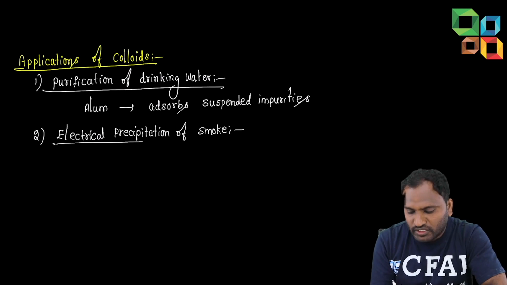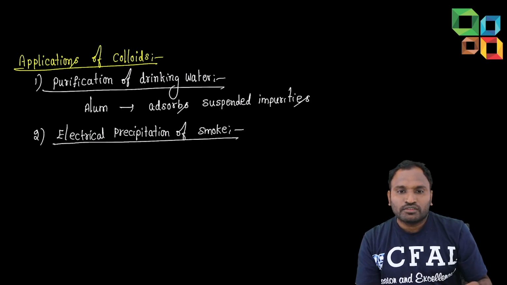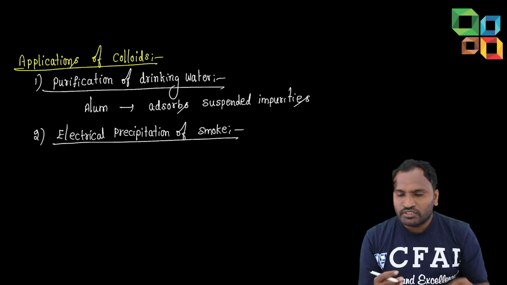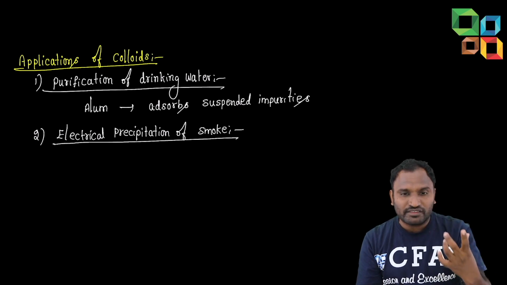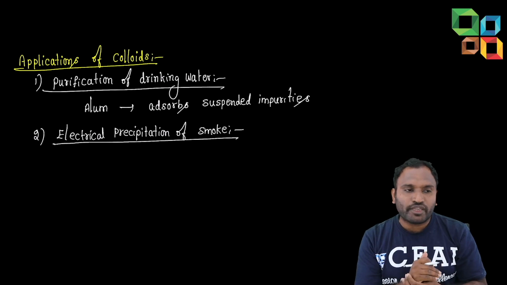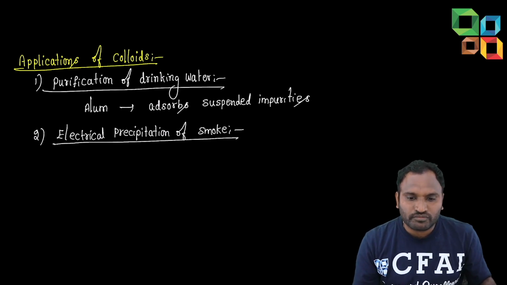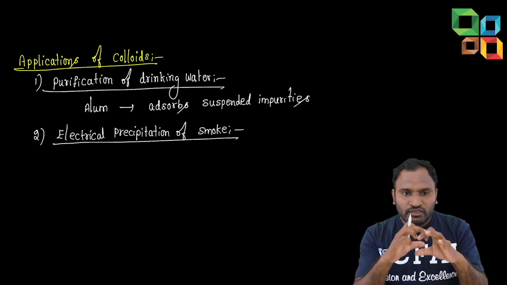So here we can control the pollution by doing this one. Smoke chimneys or silencers, you know. From chimneys, different types of gases will evolve during combustion.